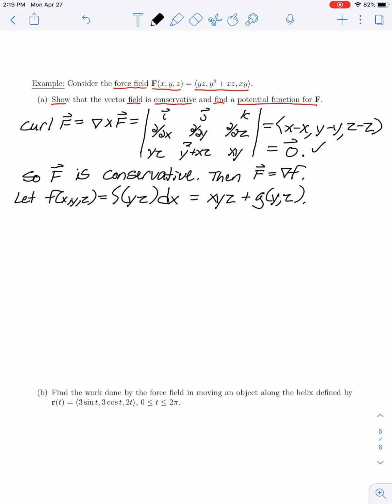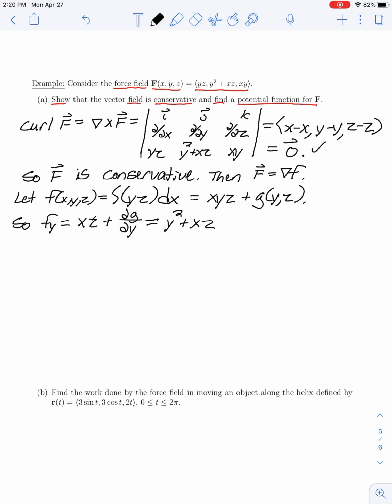Now to find that g function, we would look at the partial derivative of this function with respect to y, which would be given by x times z plus the partial derivative of g with respect to y, and that must equal the second component of our vector field, which was y squared plus x times z.